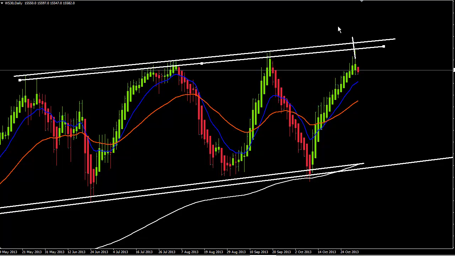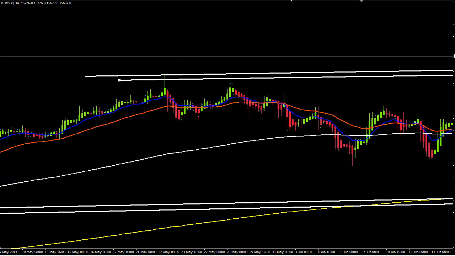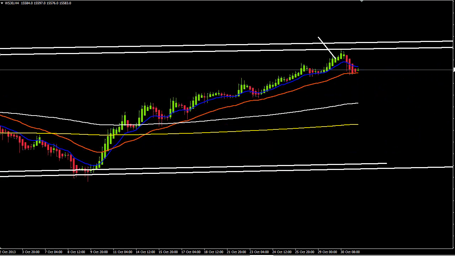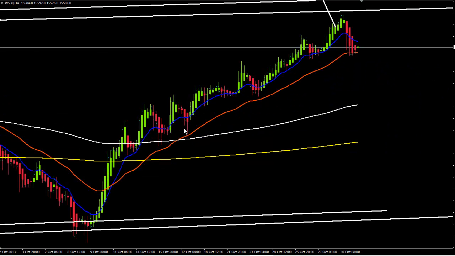The second way is to look for a lower high on the lower time frame. That would be the 4-hourly chart. And because the price is bouncing on the 36 all the time, it's probably bouncing again. So what you need is this and then that.